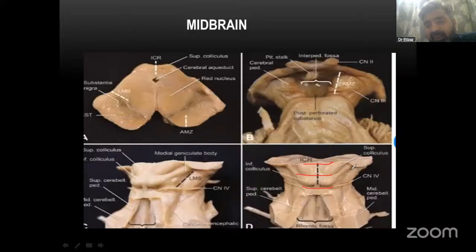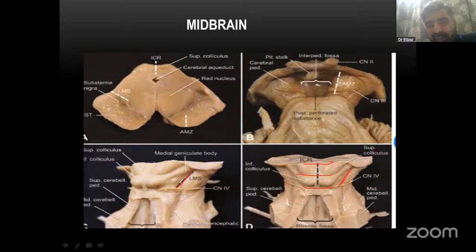Then another area is here. Look, this is the peduncle, that is the lateral medial zone. This is inferior to the inferior brachium. This is the superior colliculus, superior brachium, and inferior brachium, and inferior to the inferior brachium, between the cerebral peduncle, we can give a lateral incision.